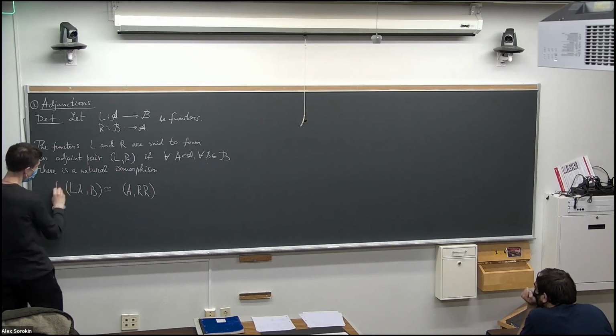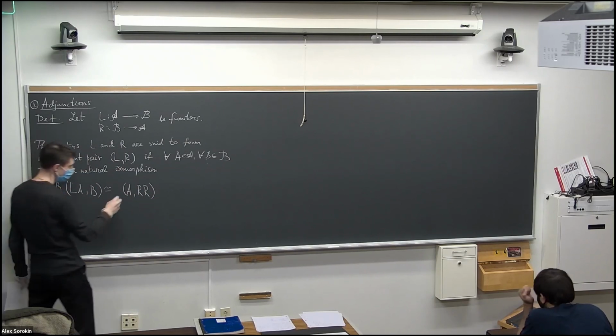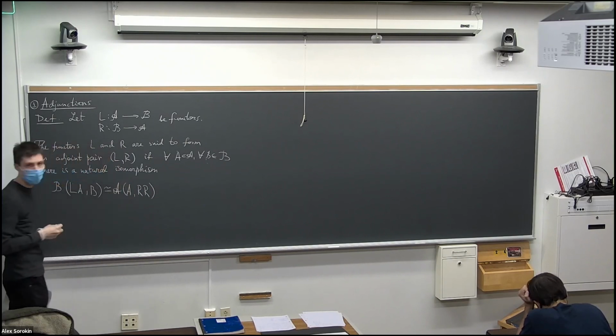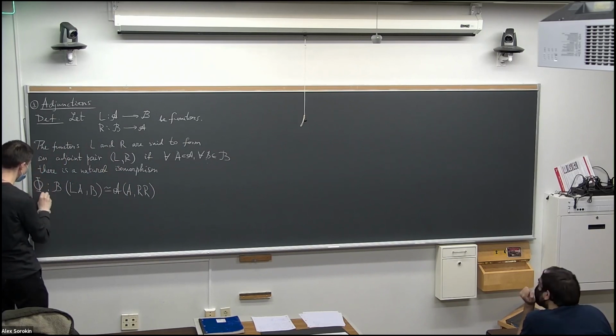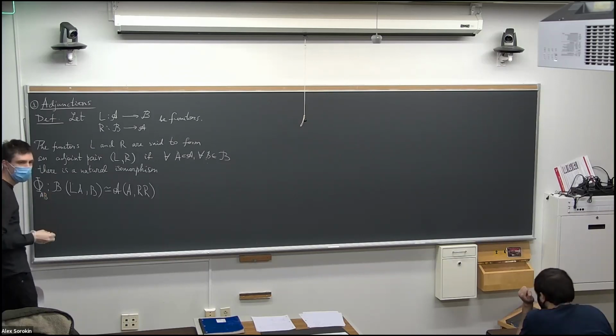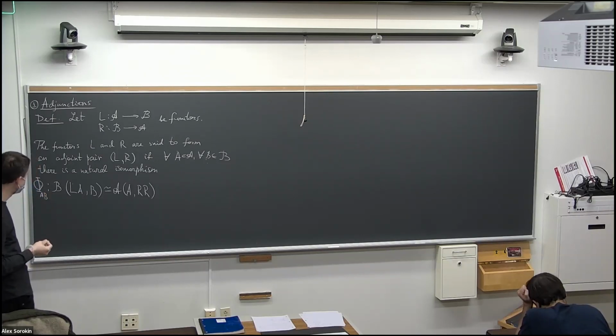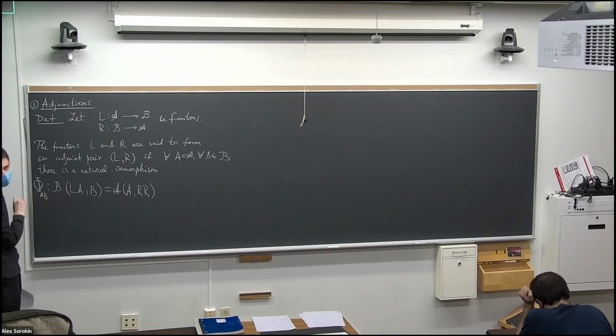Here objects live in category B. Here objects live in category A. And the natural isomorphism, let's call it capital phi sub A,B, needs to be natural in A and B, in both variables, in each separately and in both independently.